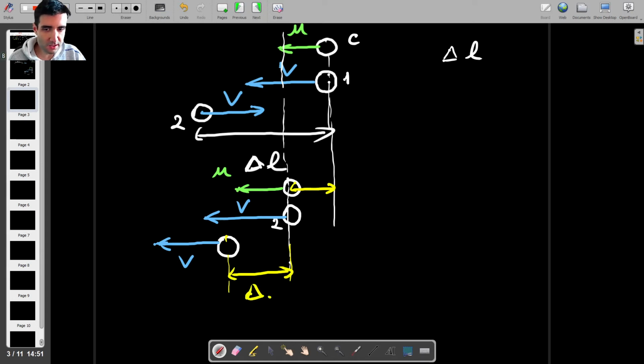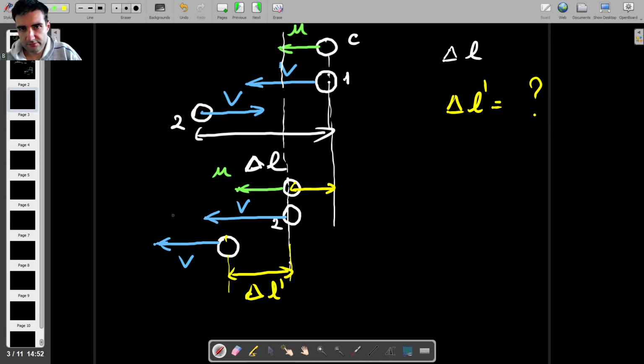So we somehow have to find an expression for delta L prime in terms of things that we know, which is delta L, u, v, and so on. Okay, so let's see how we can perhaps do this.